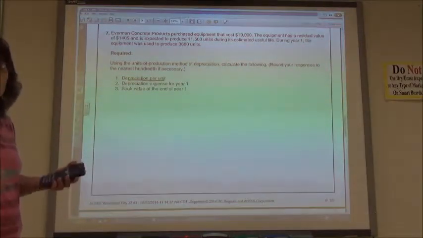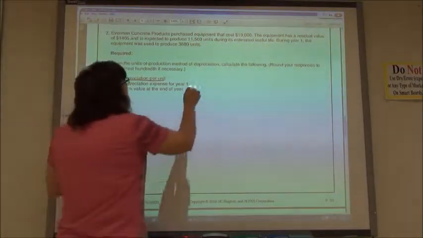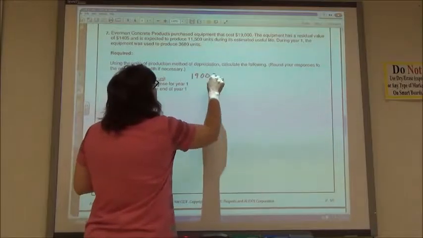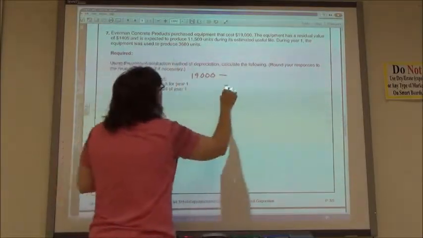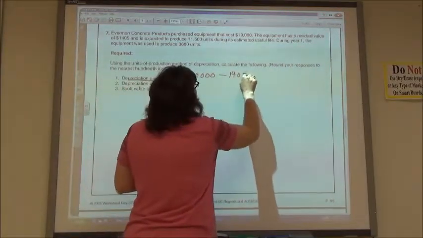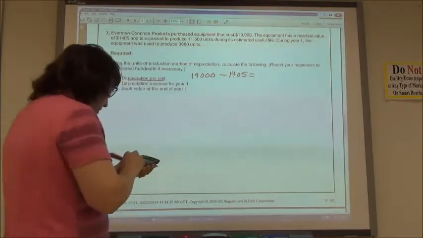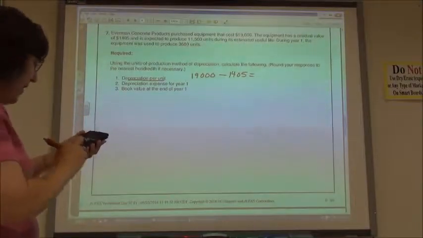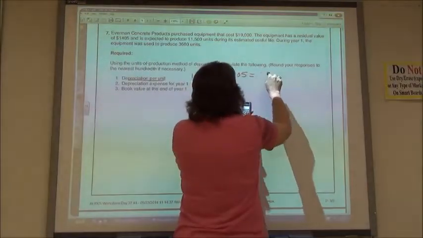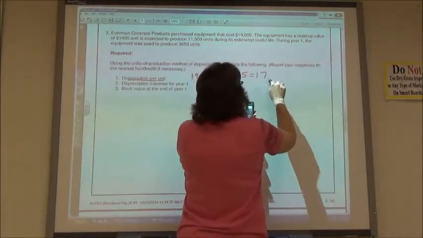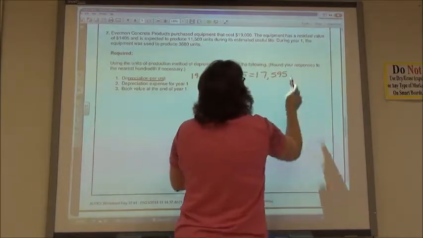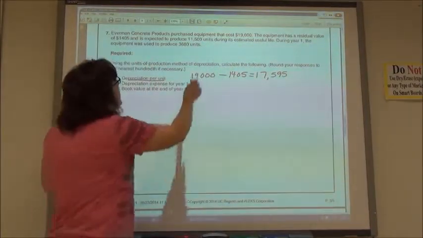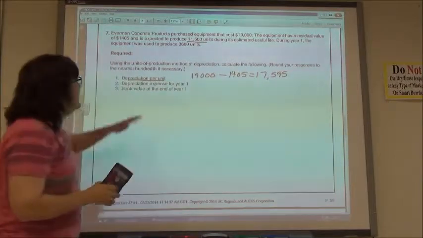Again, we have to find the total depreciation first. Cost me $19,000, but it has a residual value of $1,405. So 19,000 minus 1,405 means the total depreciation is $17,595. Now we're going to spread that over the number of units.